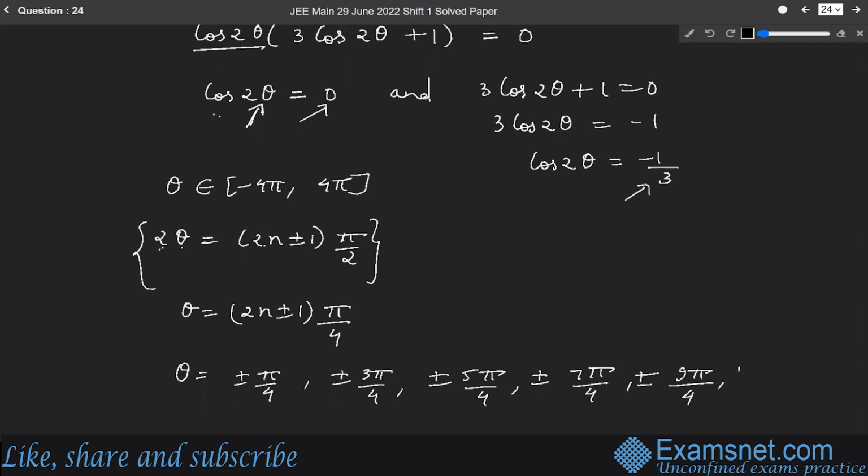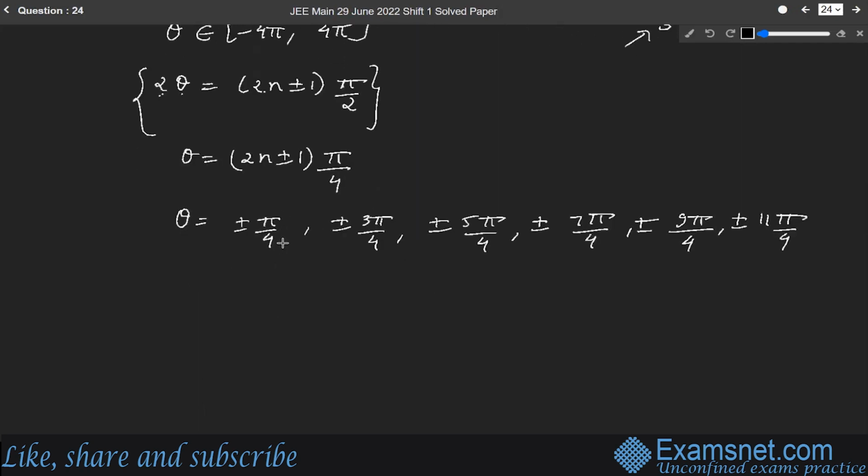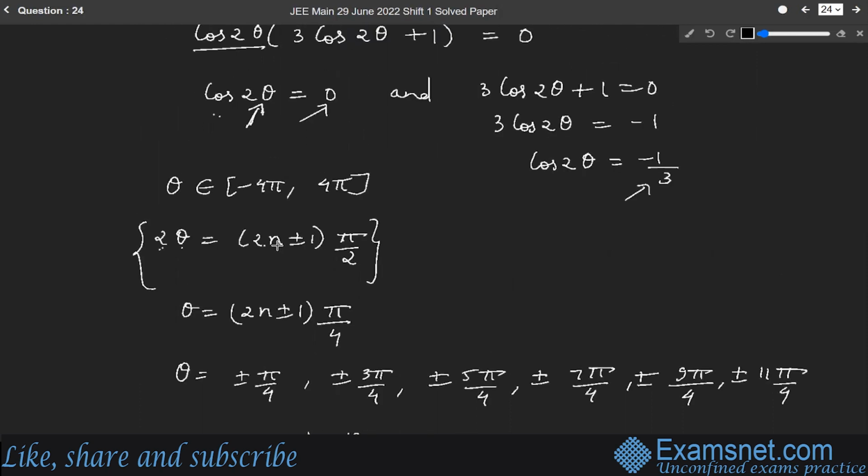Okay. Then plus minus 11 pi by 4. And plus minus 13 pi by 4 and plus minus 15 pi by 4. Okay. So we have to take the limits up to plus minus 15 pi by 4 because it is given that theta lies between minus 4 pi and plus 4 pi.